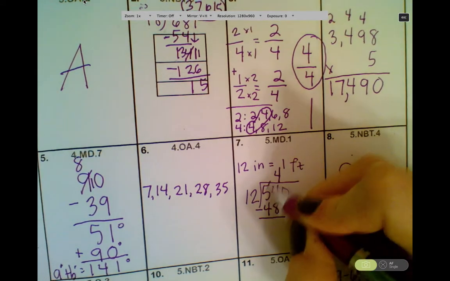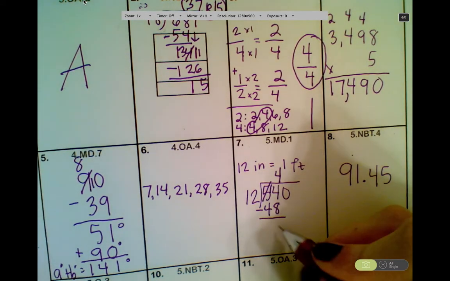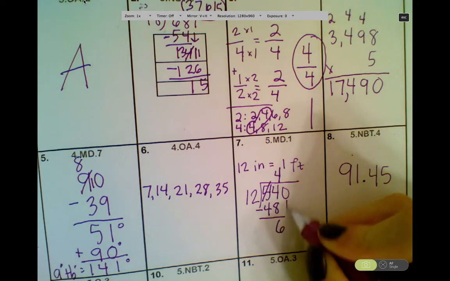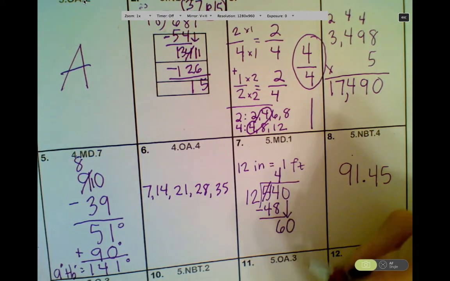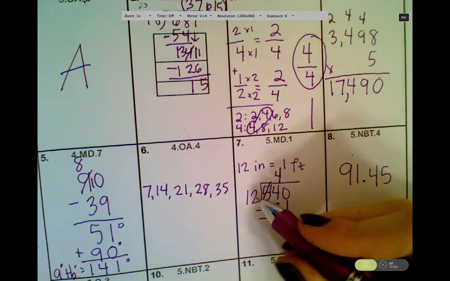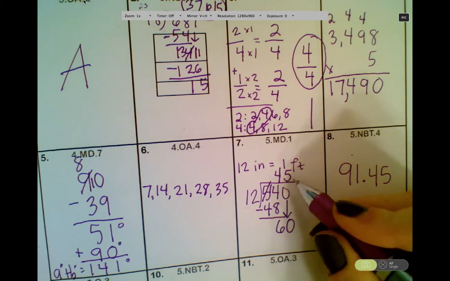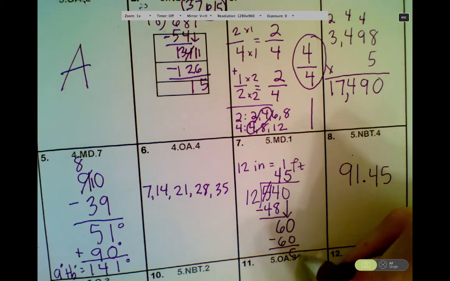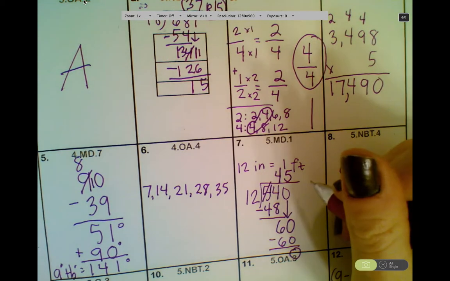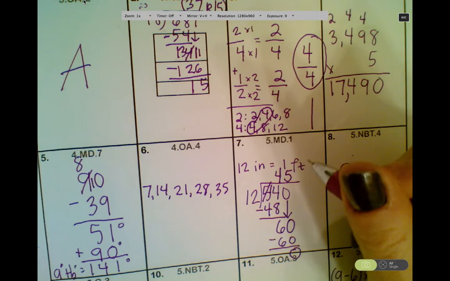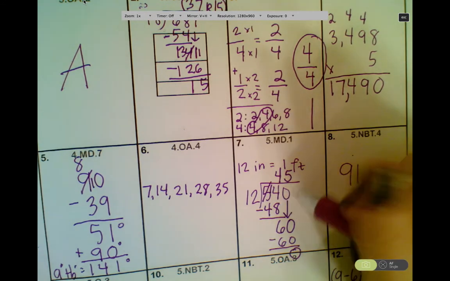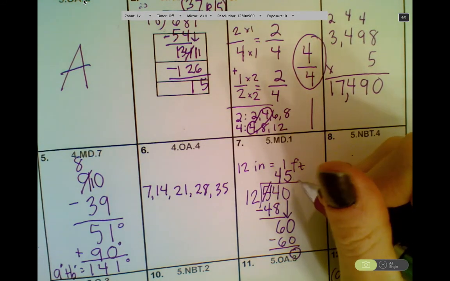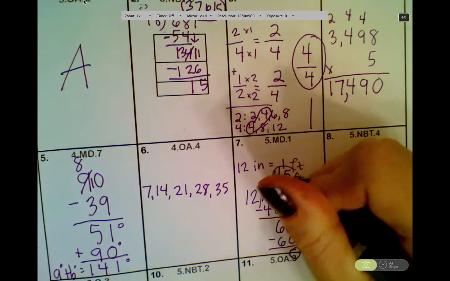And I'll subtract. 54 minus 48 is 6. Bring down my 0. And I know that 12 times 5 is 60. And 60 minus 60 is 0. So that means that 540 inches is 45 feet.